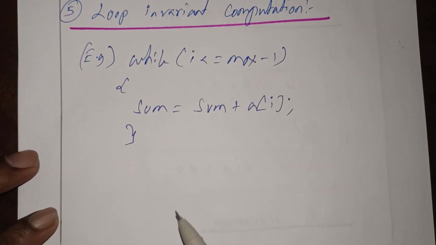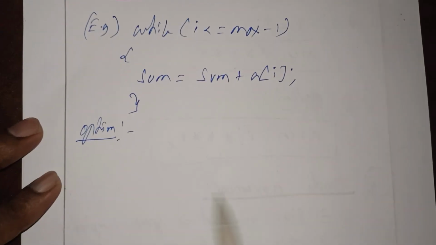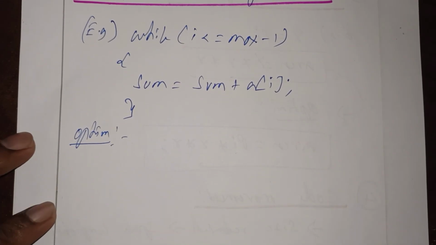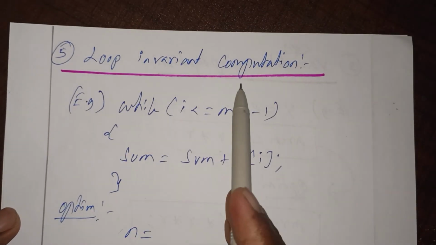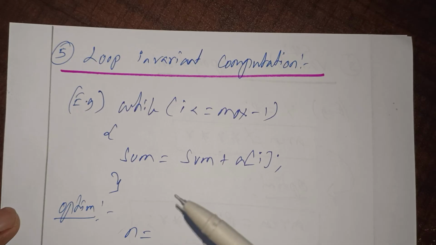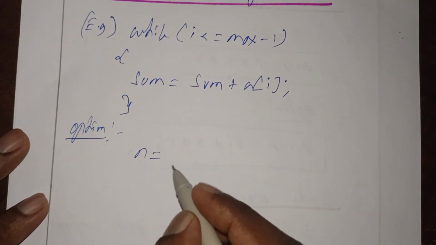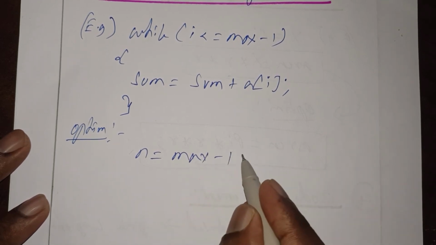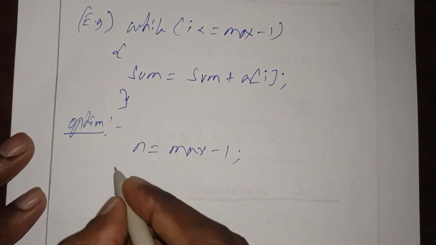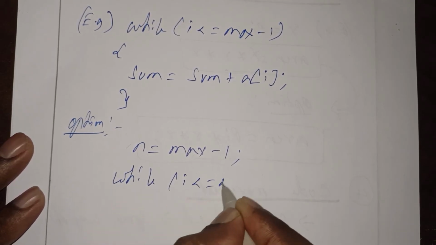So what does this optimized code do here? How can the code be written in optimized form? Say for example, the amount of code in the loop has to be moved outside, so n is equal to max minus 1. So you are moving this out. Now you can write this while loop, while i is less than or equal to n.